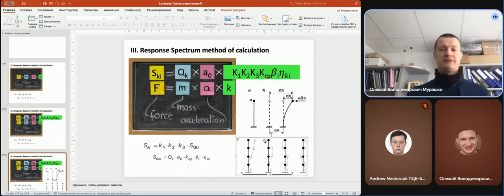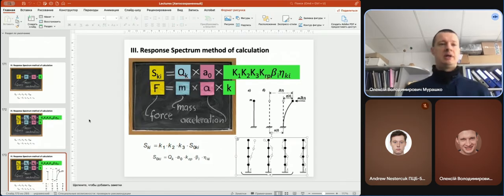So it's the first form of natural vibration, second, third, and fourth. And each mass has its own displacement, and that means that for each mass we have its own seismic force.